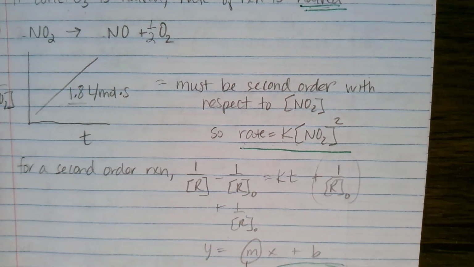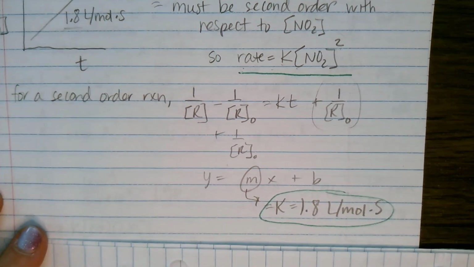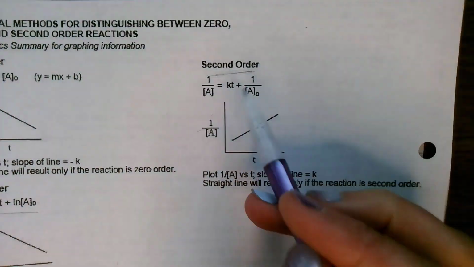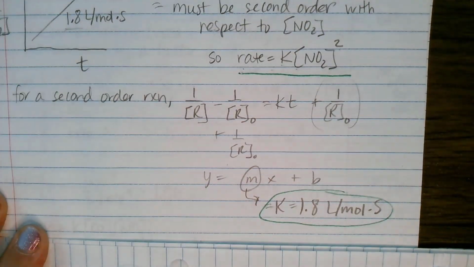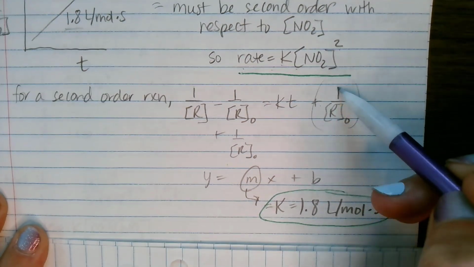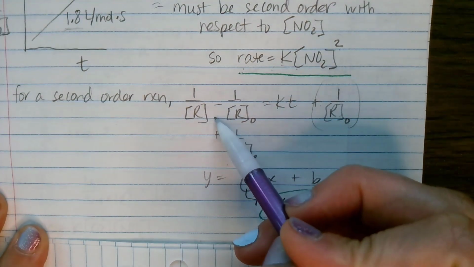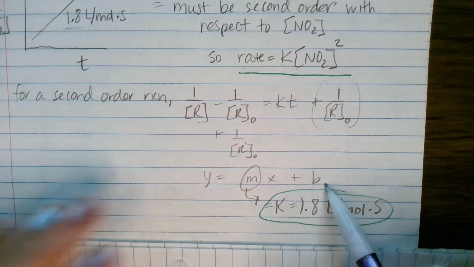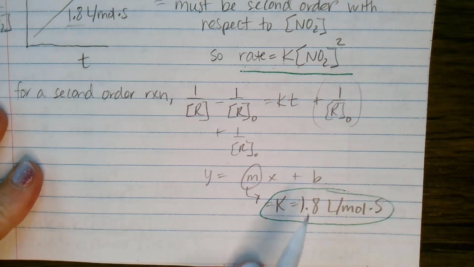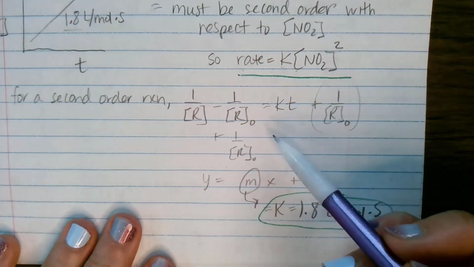What's the rate constant? Well, for a second order reaction, we're just going to plug it into our equation here. So I already subtracted the original concentration on both sides here. So that'll give me my y equals mx plus b setup here.